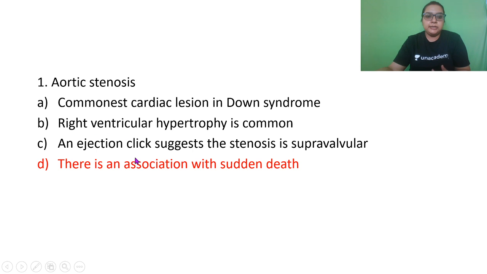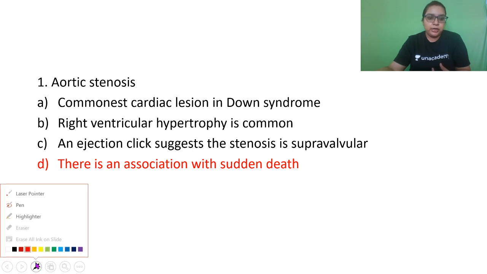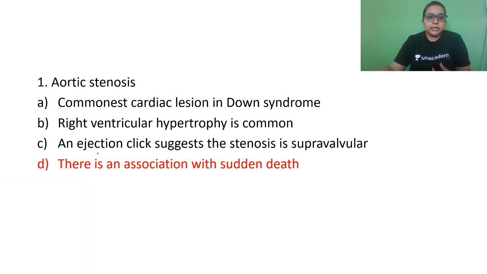And secondly, when we are talking about ejection clicks, they will always suggest valvular stenosis. Please remember that ejection click is typical for valvular stenosis. In fact, severe forms of aortic stenosis often land up with episodes of syncope or sudden death. Okay, is that clear? Now let's solve the next MCQ.